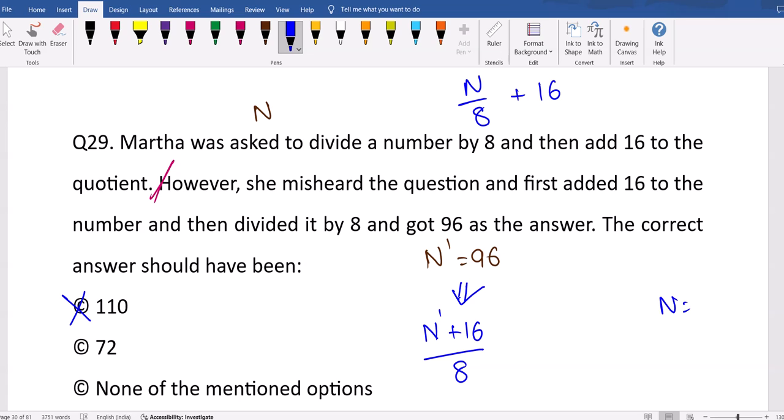There is a number; when you add 16 then divide by 8, it gives 96. You ignore that she made a mistake. In both cases the number is the same, but instead of dividing by 8 and then adding 16, she added 16 then divided by 8 and got 96, right?